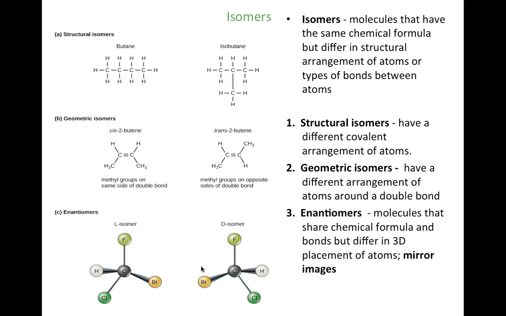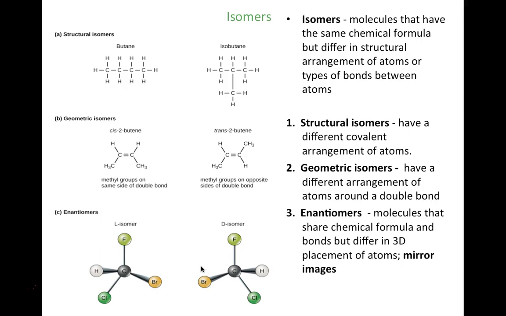Butane and isobutane have the same number of carbons and the same number of hydrogens, but if you take a look at the structural formula, or the arrangement of those atoms, they're very different for the two molecules. When we have the same chemical formula but different structural arrangement of atoms, those are called isomers.